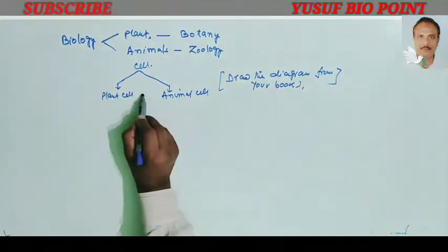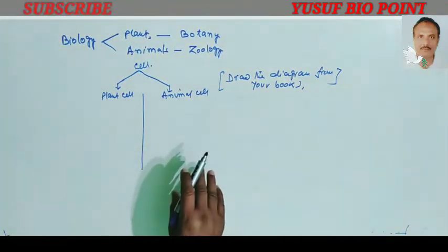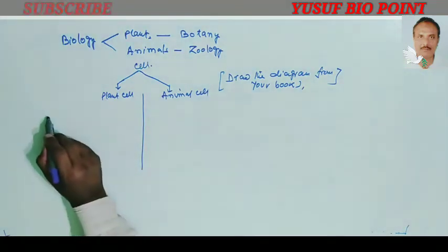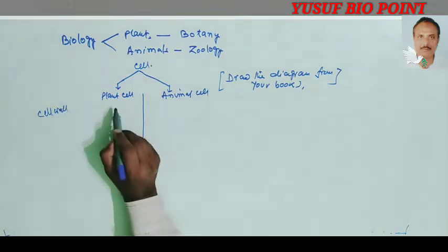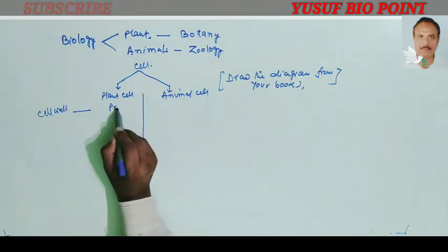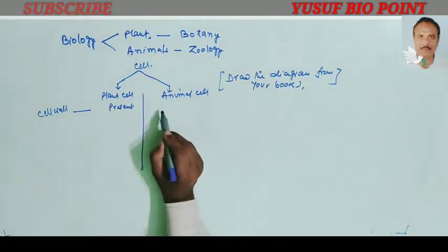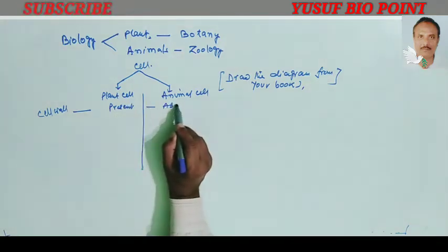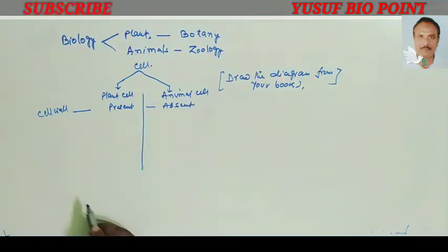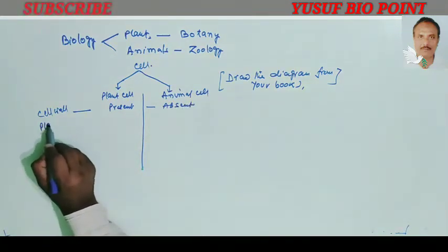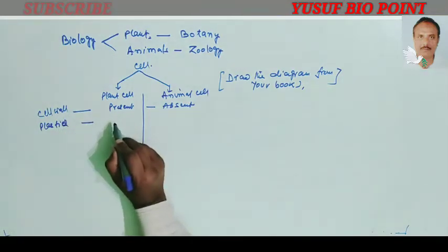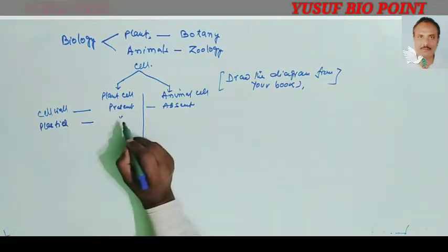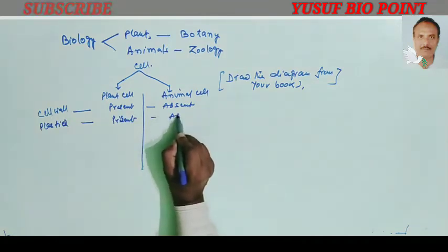Now the differences between plant cell and animal cell. First, the cell wall is present in plants and absent in the animal cell. Next, plastids are present in plants and absent in the animal cell.